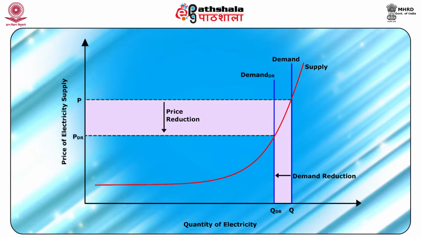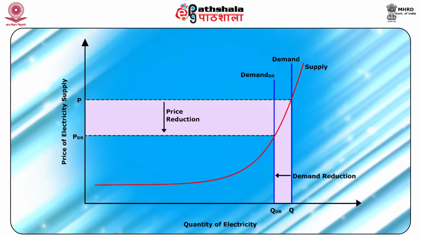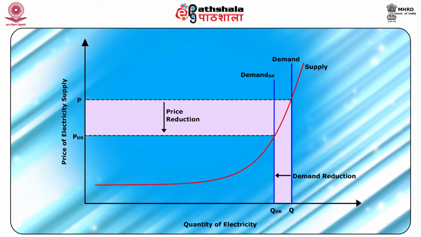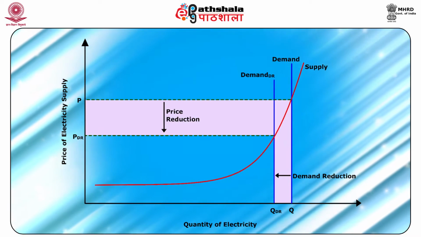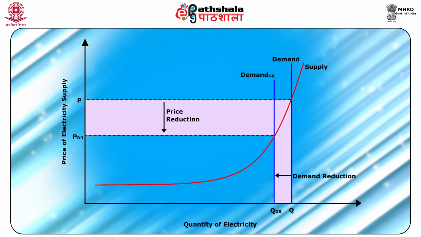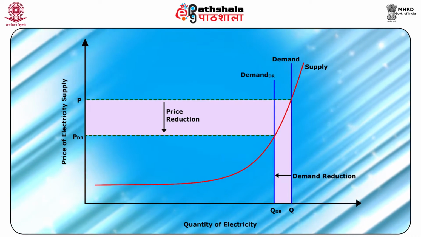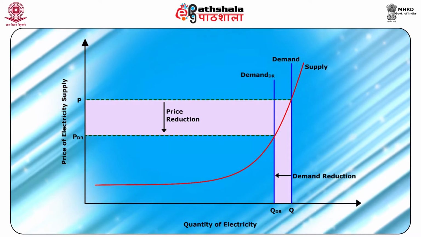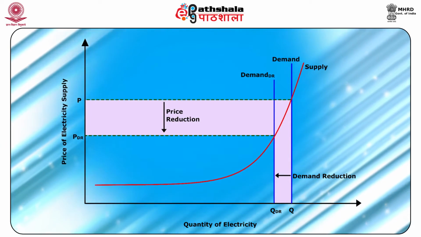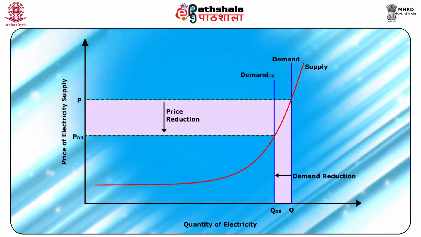Now at the peak load demand, which is shown by a demand curve to the right, the pricing would be P, which is much higher, and this would discourage people from demanding so much, so that there would be a price reduction towards PDR, which is lower.